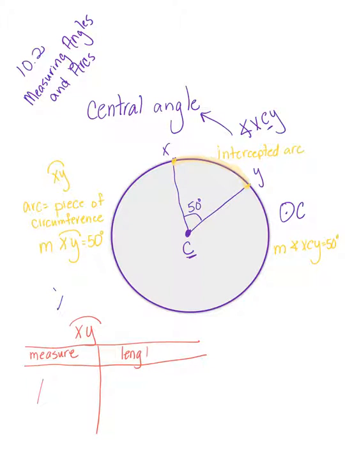Now, they're not the same thing in this case. And so we want to make sure that we use the right terminology so we're all on the same page. The measure of the arc, when we refer to measure, we're going to be talking about degree measure, which is equal to the central angle.